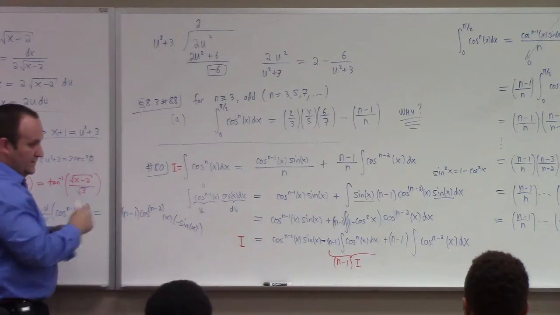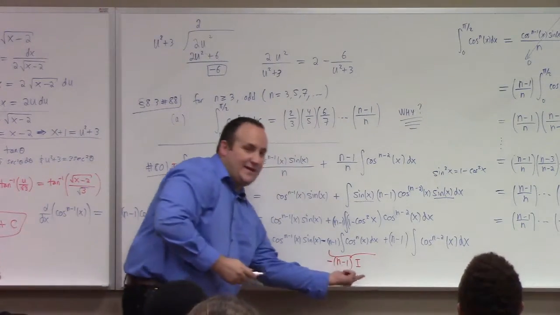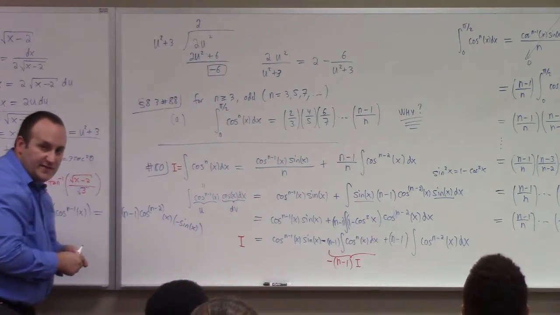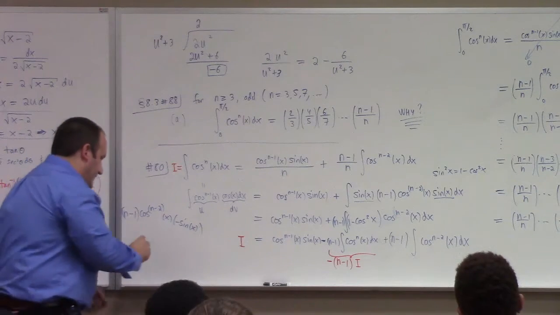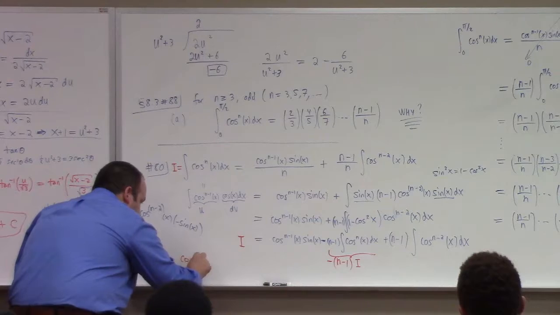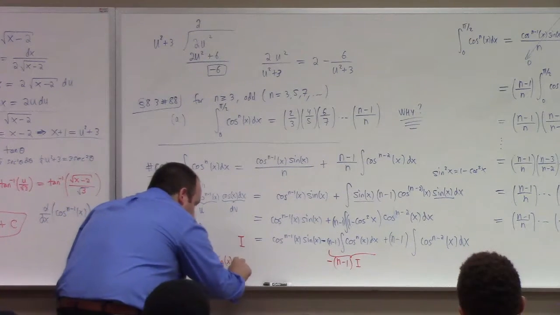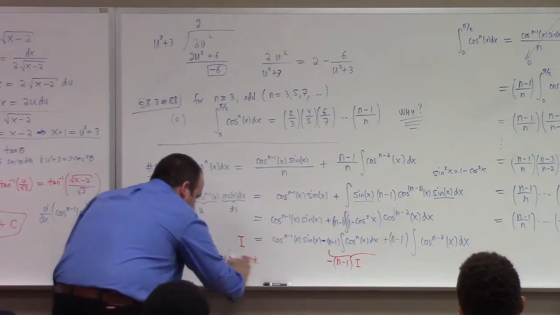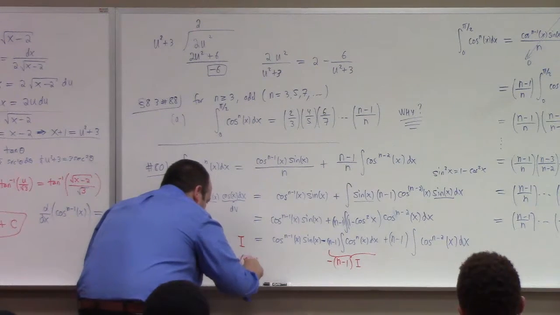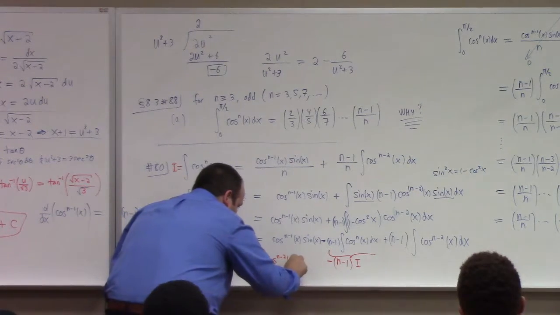This is actually a minus n minus 1. So if we add n minus 1 copies of the integral to both sides, what does that give us? That gives us nI equals cosine n minus 1 of x sine of x plus n minus 1 integral of cosine n minus 2 of x dx.